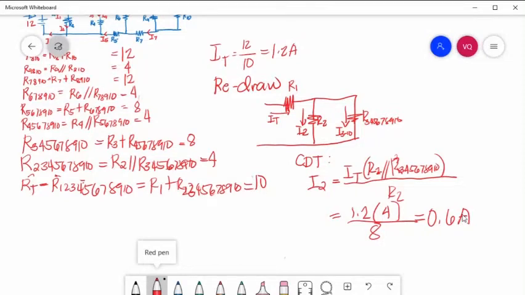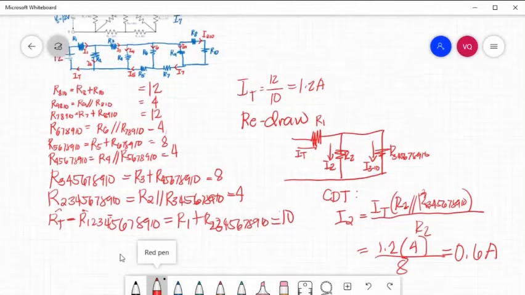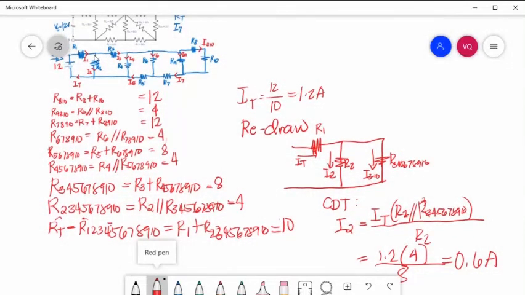Next is I3. So go back to our circuit. We have here a node. So using KCL, I1 equal to I2 plus I3. So I3 is equal to I1 or IT minus I2.